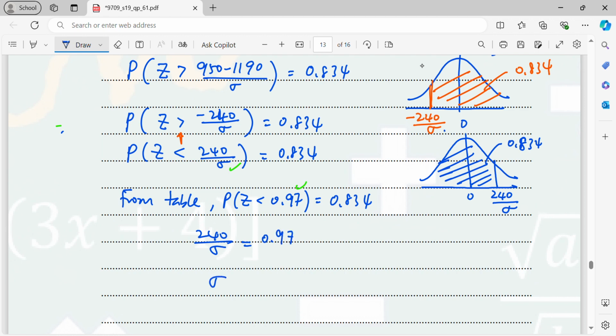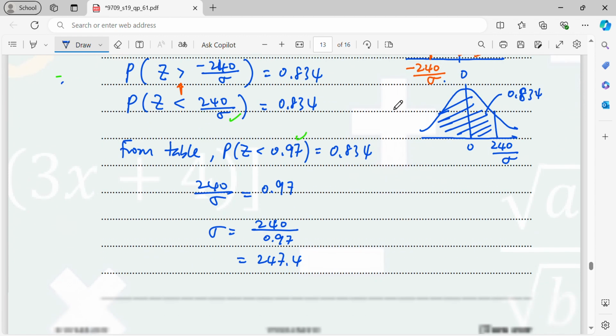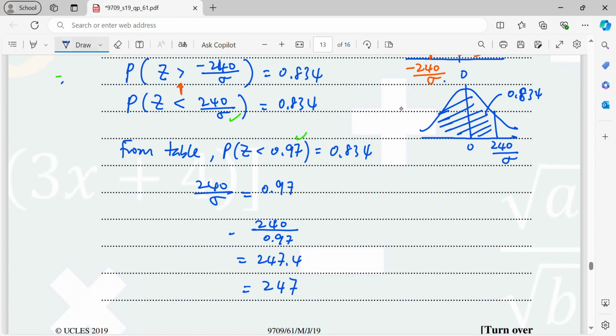That means now the sigma is 240 divided by 0.97, and you will be getting 247.4. Now here you can round to 3 significant figures. That is going to be 247. So this is our sigma value, or standard deviation. Okay, so done for this question.